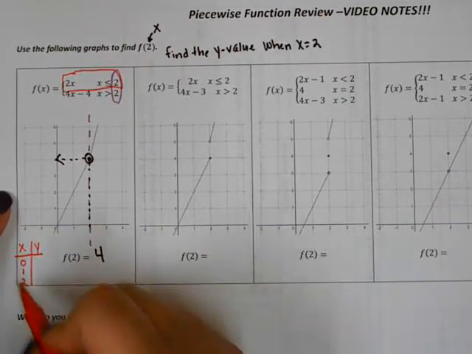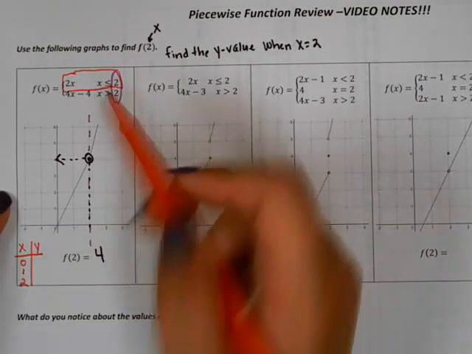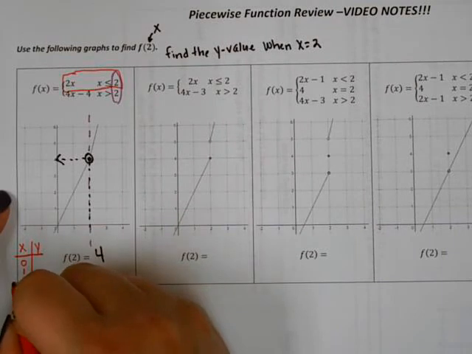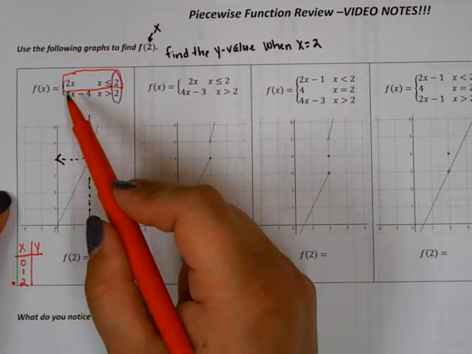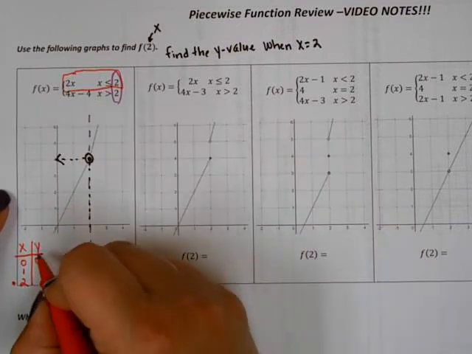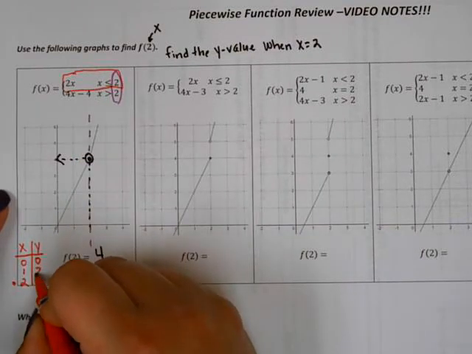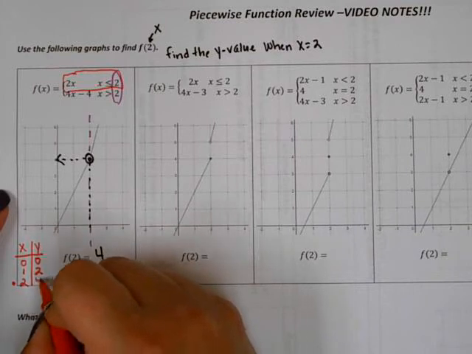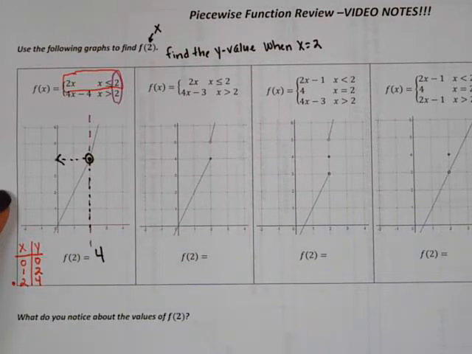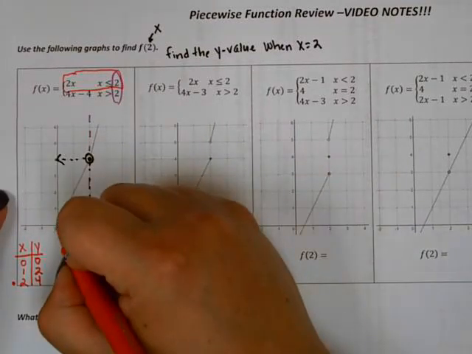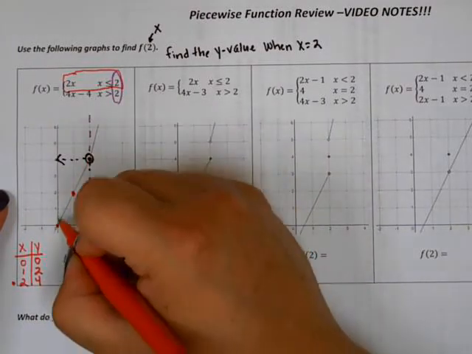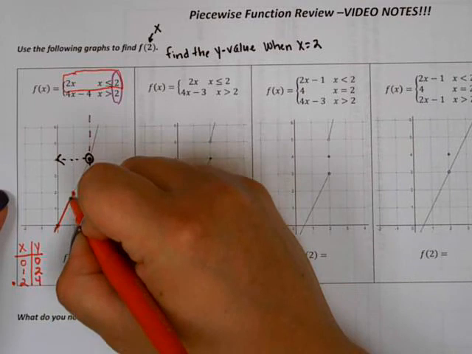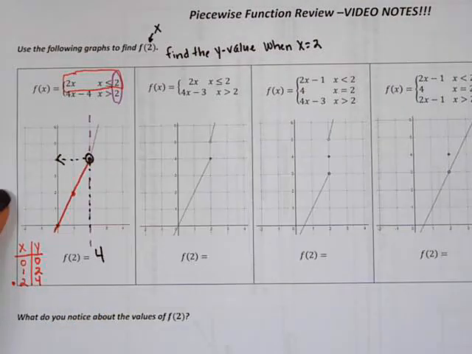I'm going to remind myself that because it's equal to 2, at 2 I'm going to have a closed circle. If I plug in 0, 2 times 0 is 0, 2 times 1 is 2, 2 times 2 is 4. I can go ahead and graph those points: 0, 0, then 1, 2, and then 2, 4, and that means that this is that first line.